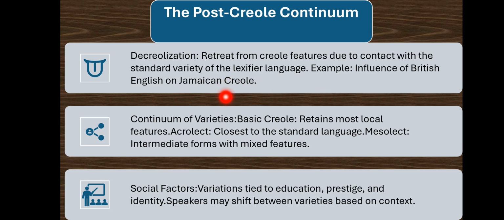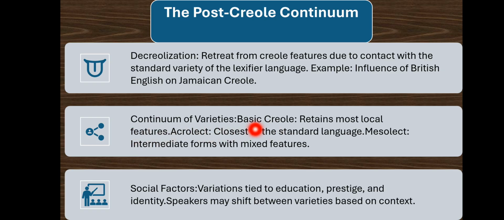So that's why we see that after creolization, there is the process of decreolization. A continuum of variety: we have basic Creole, which is not influenced by the standard language and retains most local features.